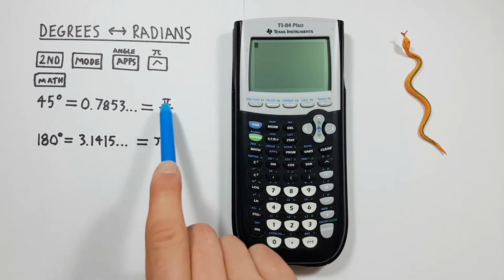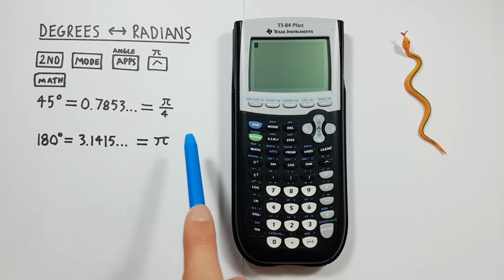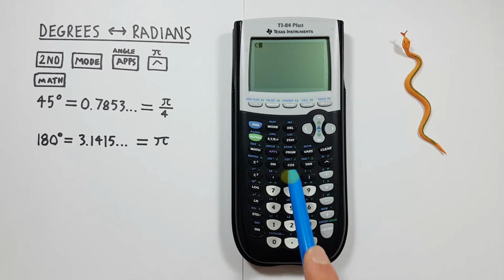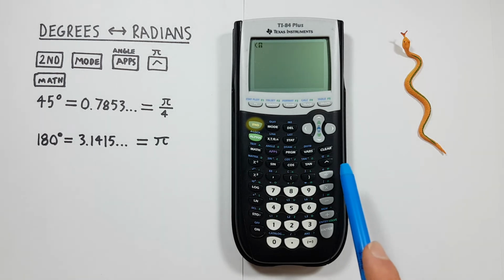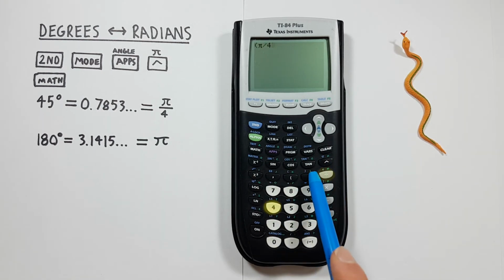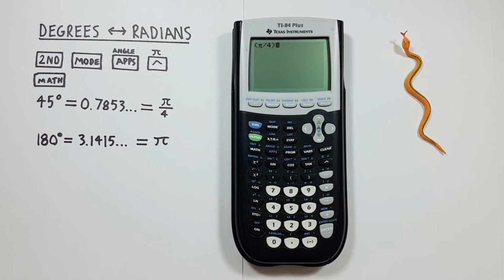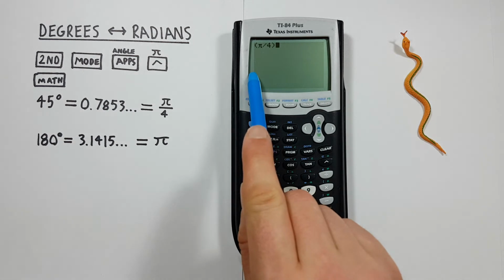Now we enter our pi over 4. And we'll use brackets on this example just to keep things contained. So bracket, second, pi, divided by 4, close our brackets, there we go. And then we need to tell our calculator these are in radians.